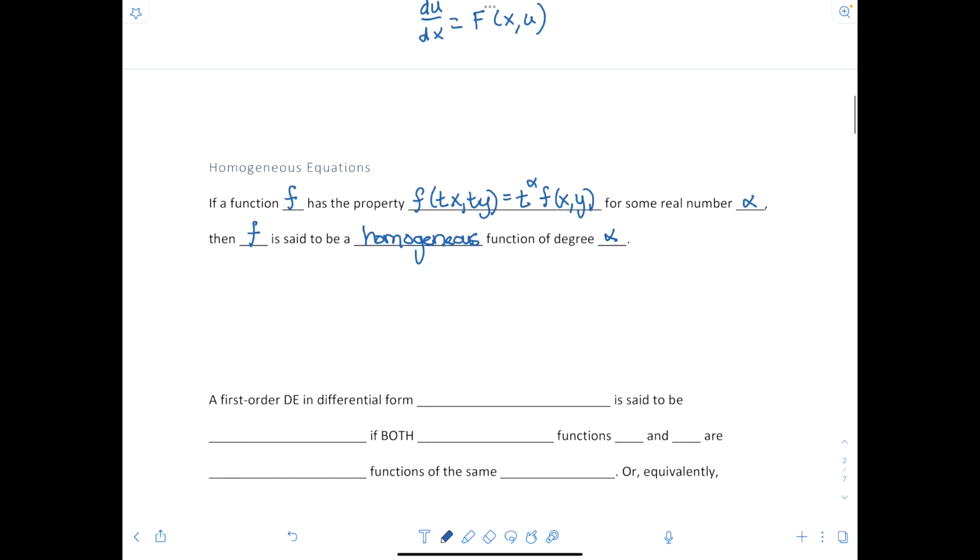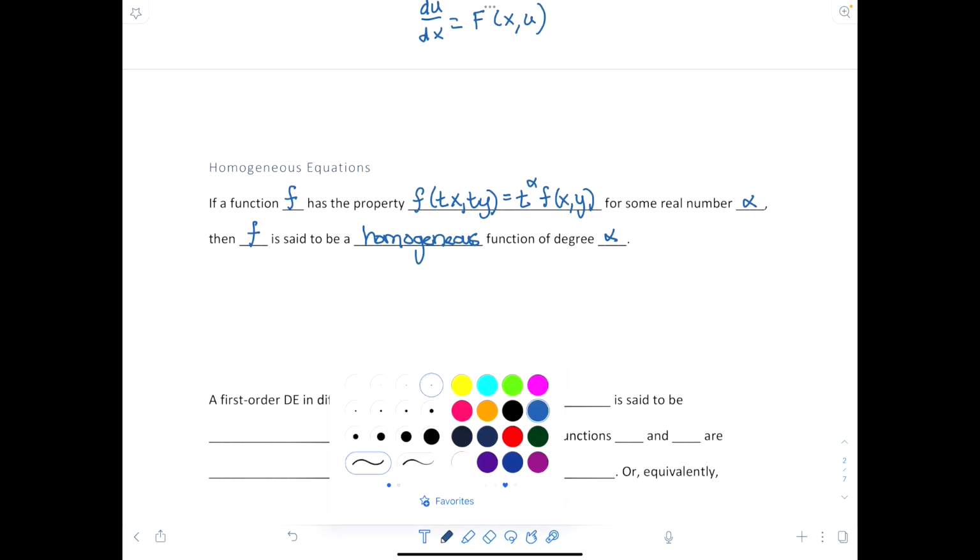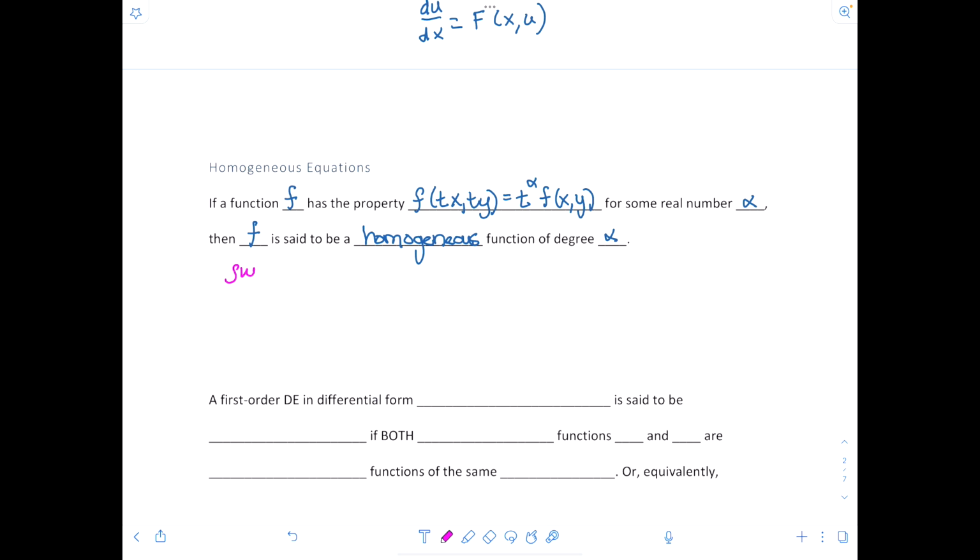So let's just look at an example. Suppose we had something along the lines of f of x and y is equal to the square root of x plus the square root of y.